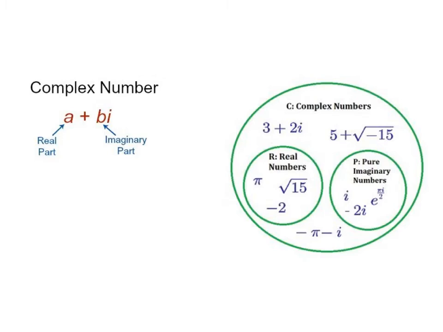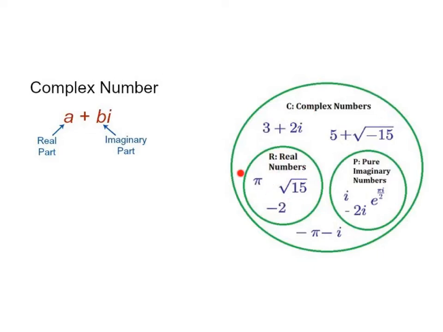Now within the big realm of complex numbers, which pretty much covers anything, there are two sub-realms. There's the real part again, which describes that a value. If you are considered a real number, you don't have i, you don't have the imaginary part. So something that is a real number is also a complex number.